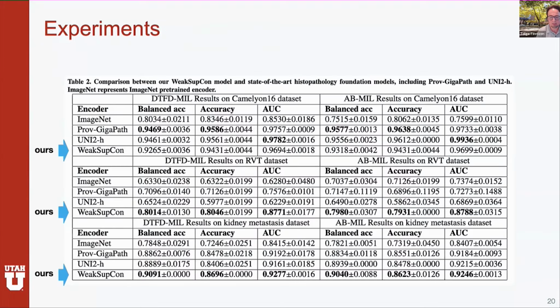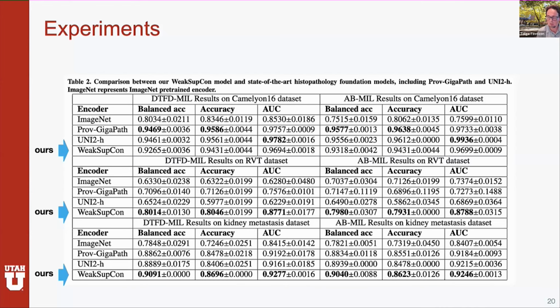So looking at the results here and comparing our approach, weak SupCon, to the more established approach of taking a foundation model in this space, for instance UNI 2-h, treating this as a frozen encoder, training your MIL, and doing your pipeline this way.